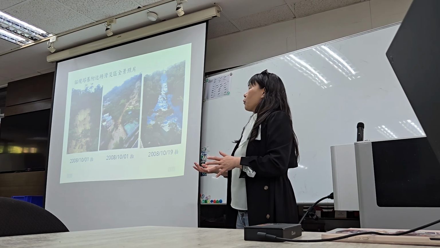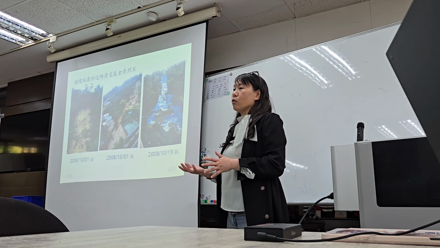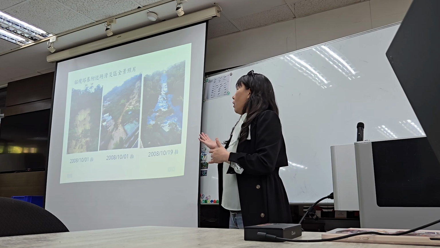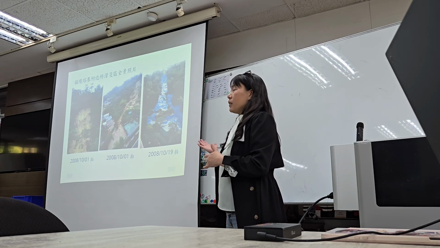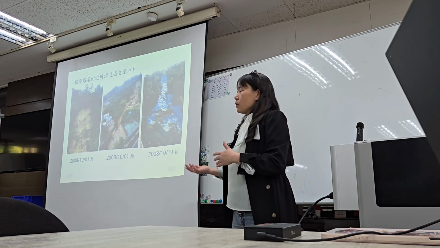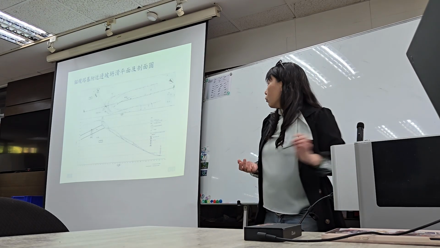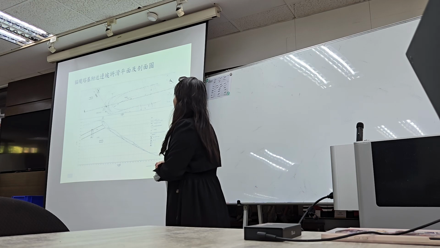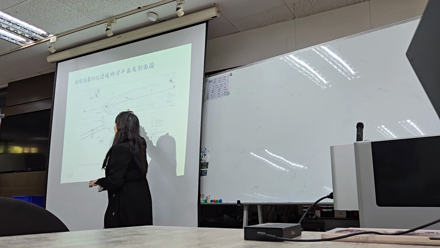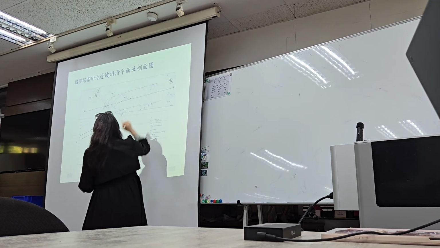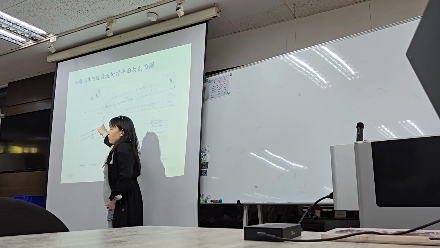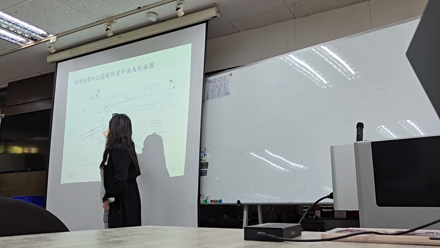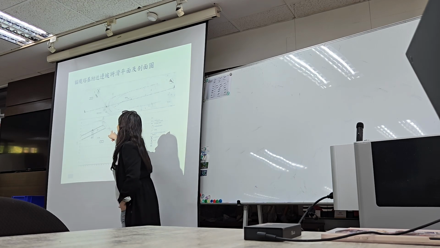When we make this construction, of course, we already do a geological survey, but why do natural disasters still happen in this area? That is the purpose for why we want to learn engineering geology. If we make the profile from A to A prime, here is the top of the landslide area, and here is the whole profile.